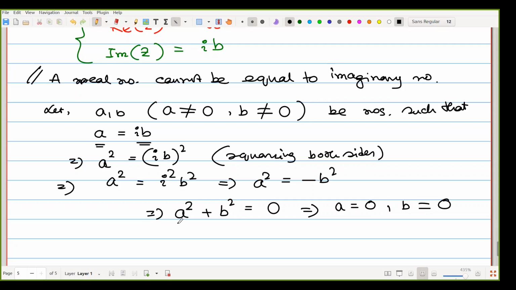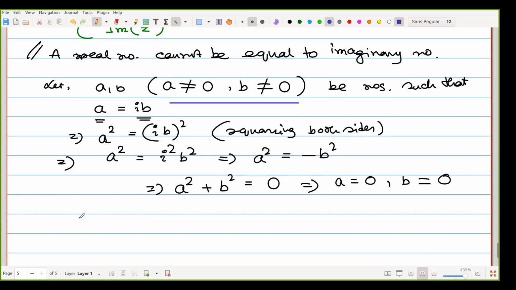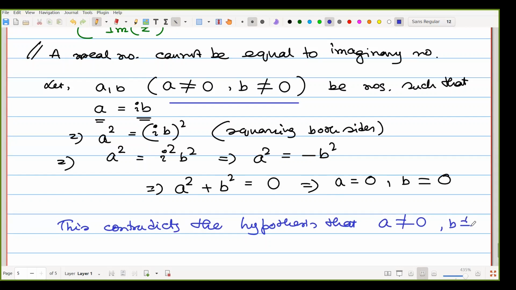But look at the hypothesis that A is not equal to 0 and B is not equal to 0. That means here we can write this contradicts the hypothesis that A is not equal to 0, B is not equal to 0.